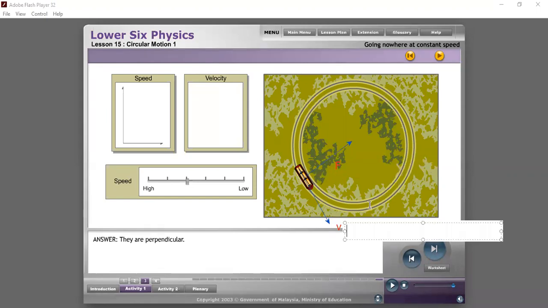F and V are always perpendicular, 90 degrees.